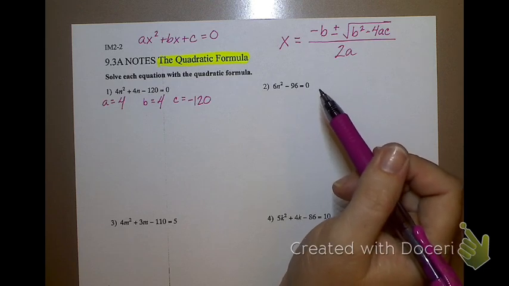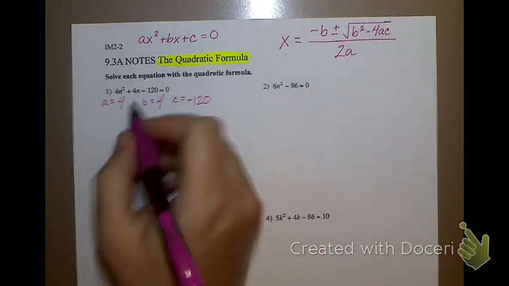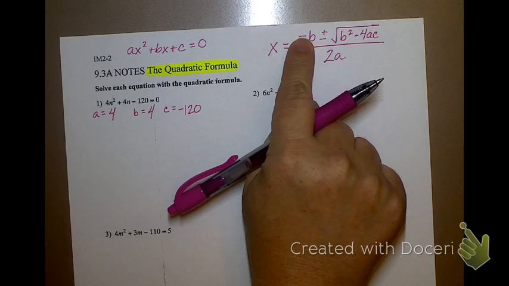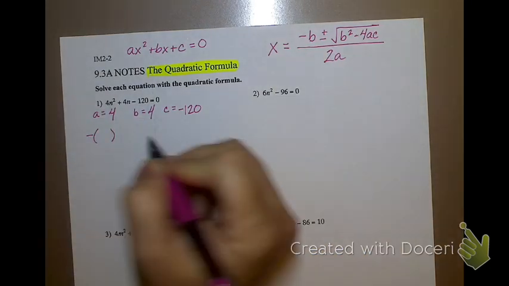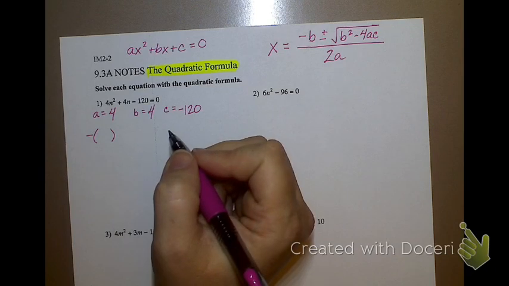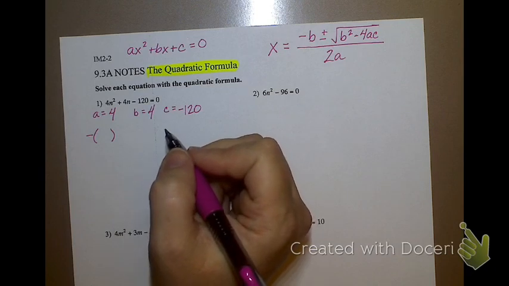Yeah. Now, this is the hardest part, and I'm going to try and give you an easy way to go through it. You ready? All right. So, I have negative B. As you plug stuff in, get in the habit of always plugging things in parentheses. That will help you keep your negative sign straight.